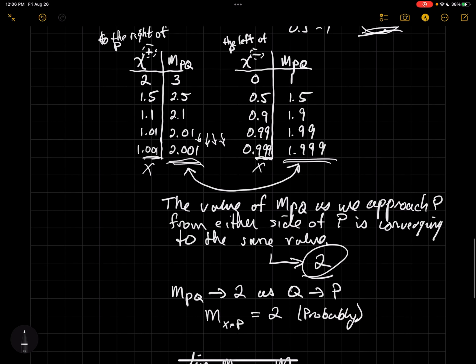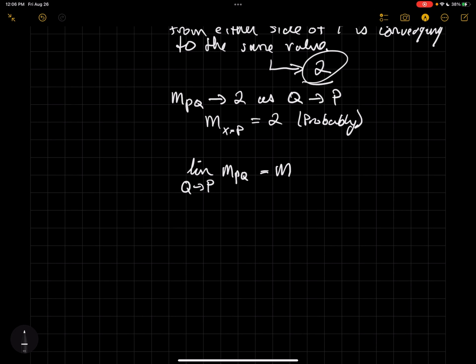So since the x value is equal to 1, we can further say that the limit as x approaches 1 of this function, x squared minus 1 divided by x minus 1, that's equal to MPQ, okay? That value is converging to 2. And so we would more or less be able to say that the slope of our function at x equals 1 is equal to 2, okay?